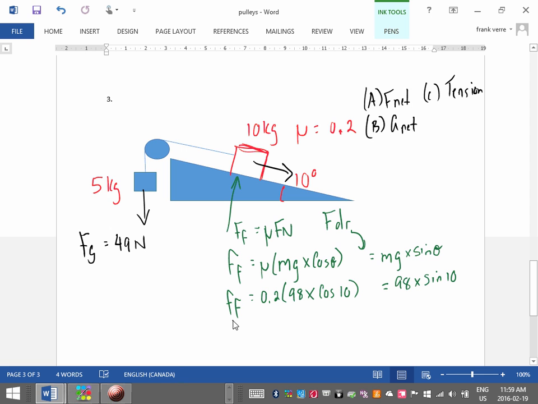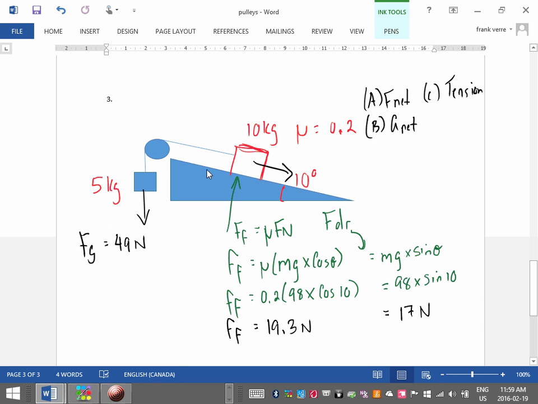So what do we work the force of friction out to be? It's probably close to 20 newtons, I would imagine. 19.3. And sine of 10 is probably a pretty small number. What is it? 17.